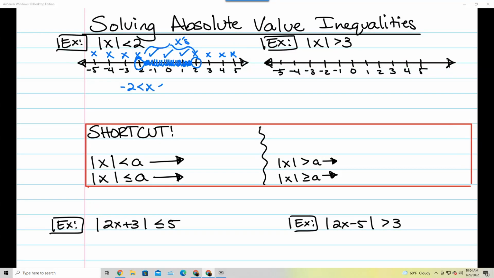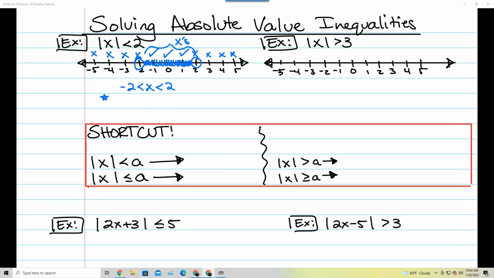But my x's also need to be smaller than 2. So I'm able to write this as one set because there's only one set of numbers that I see up there. That's the main thing I want you to get out of this: I was able to write it as one set. -2 is less than x is less than 2. You can think of this as my x's being sandwiched between my -2 and 2.